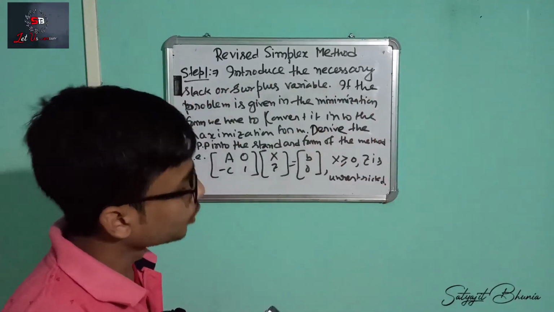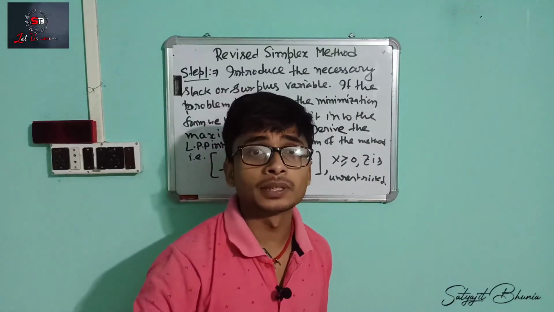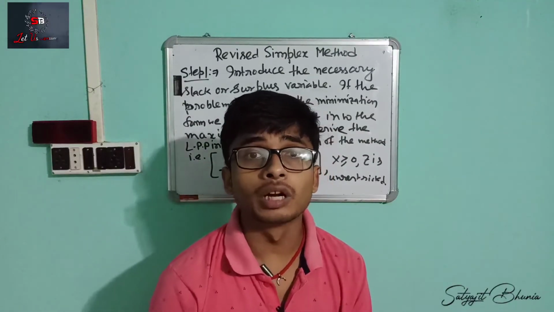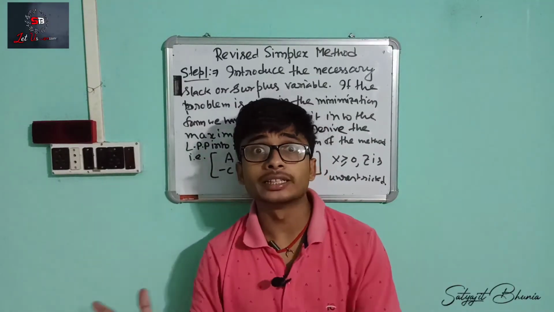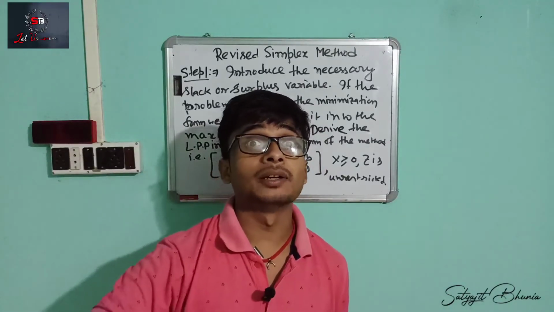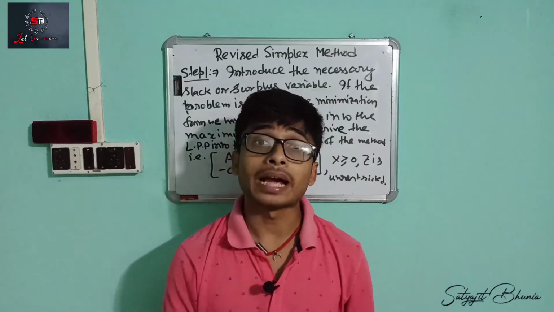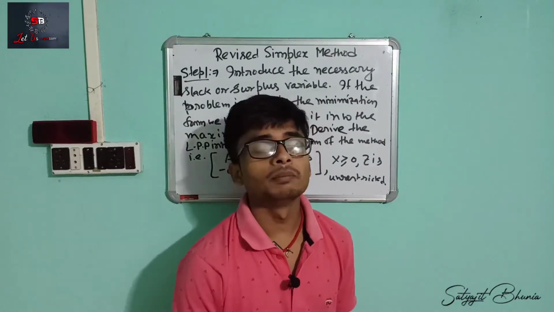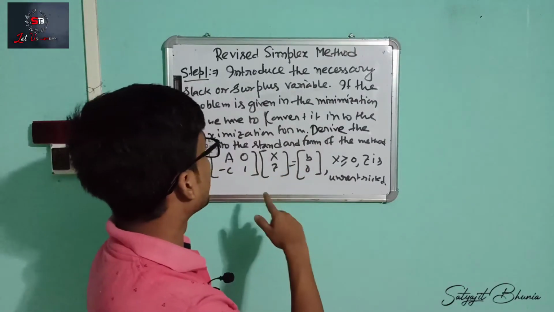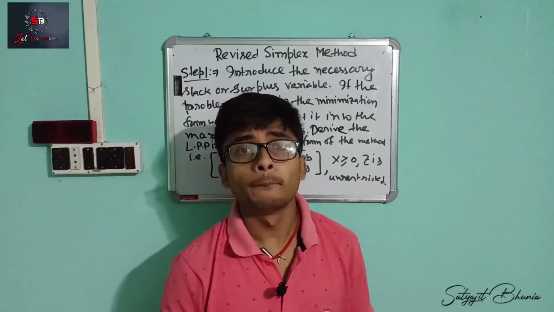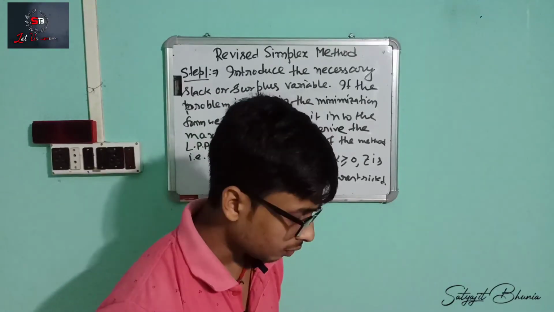First we introduce slack or surplus variables to convert the inequality constraints into equality constraints. Then we convert the minimization problem into the maximization problem, and then we derive the standard form for the method.